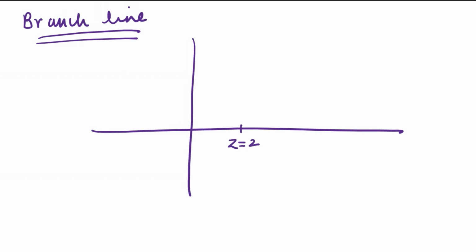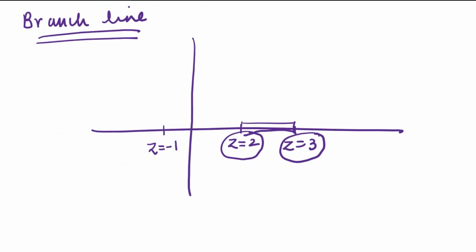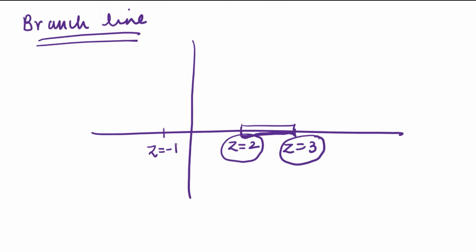We have z equals 2, z equals 3, and there is z equals minus 1, but it is a singular point and not a branch point. So branch points are only z equals 3 and z equals 2. So now join these, and be careful. Do not include z equals minus 1 because this is not a branch point. So join these. This will be the branch line.